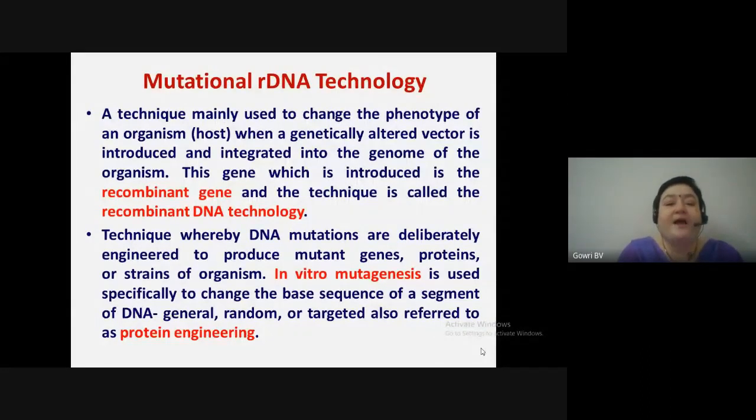In vitro mutagenesis is used specifically to change the base sequence of a segment of DNA, which may either be general, random, or targeted, and they are also referred to as protein engineering.